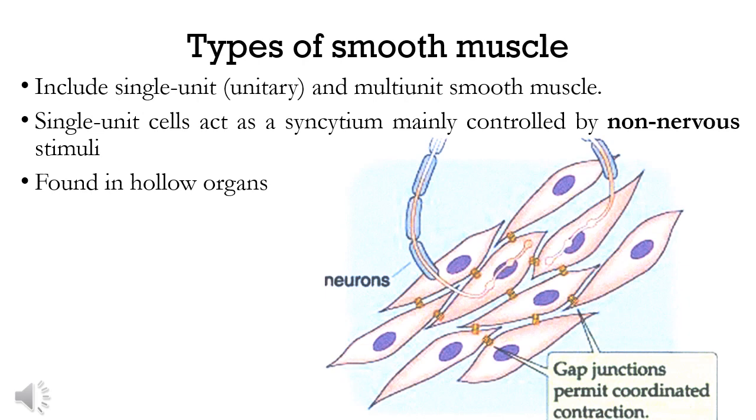As we learned in class, when there's a wave of depolarization, sodium can just flow through these gap junctions right into the next cell, and you find this area of cells acting as though it's one cell, or as a syncytium. They are also controlled mainly by non-nervous stimuli, and they are found in hollow organs.